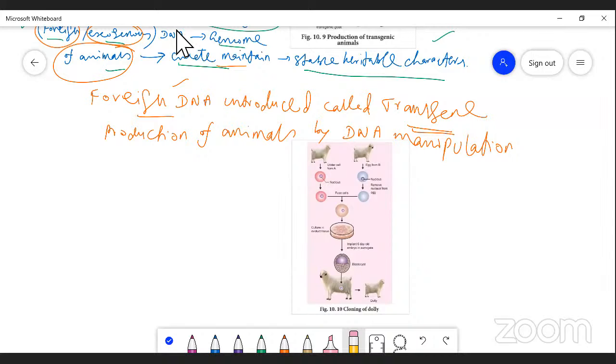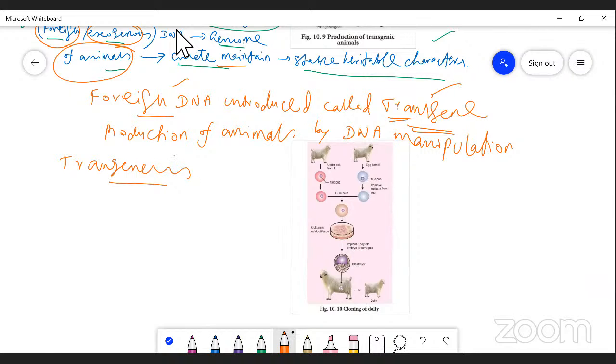Foreign DNA is introduced, that is called transgene. When the foreign DNA is introduced and animals are produced by DNA manipulation, that is called transgenesis.